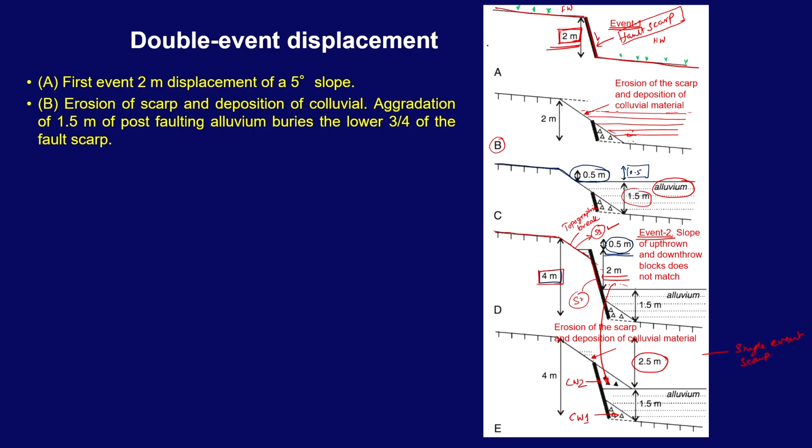For example, if I put the pre-faulting surface, then it will be something like this with this slope. So, that faulted surface has the same slope, but in figure E, and even in figure B, you will find that the slope is not the same. The slope of the faulted surface is different. This is almost flat and this has some sort of an angle here.